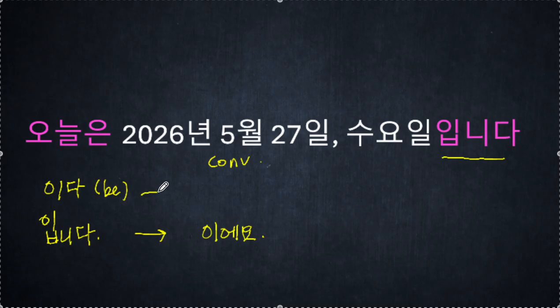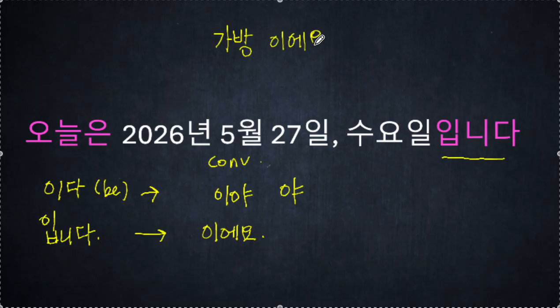Then what about its 반말? We haven't really learned that. It's either 이야 or 야. When do we use this? Let's say 가방이에요. Right? We say 가방이에요. 친구예요.